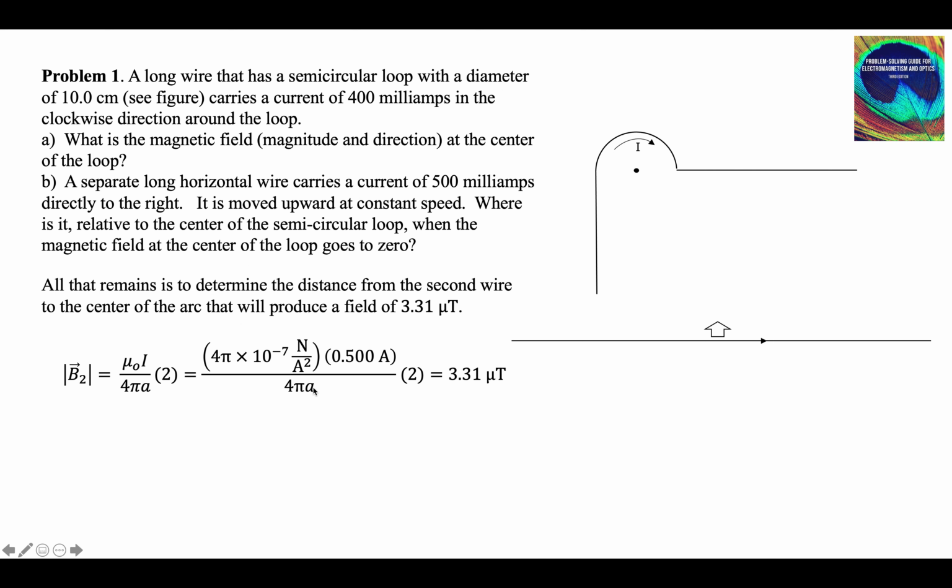We can solve for a by multiplying both sides by a and dividing both sides by 3.31 microtesla. I put it in SI units, amps, teslas. And the result is 0.03 meters, which is 3 centimeters.